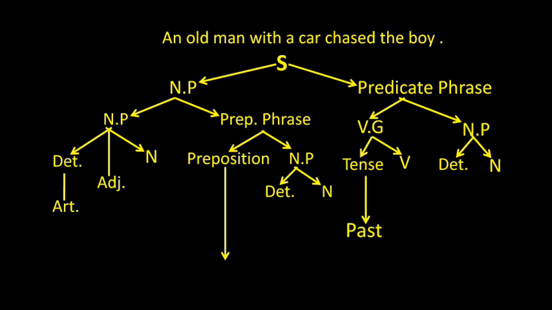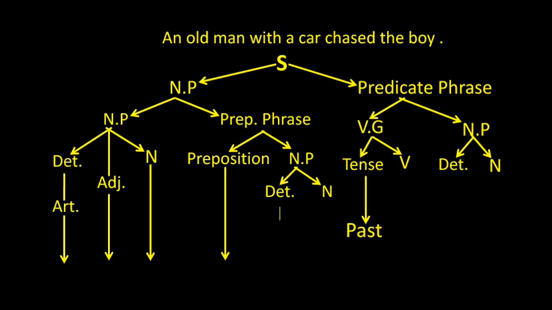Then tense, verb of the tense. It is past tense form or past form of the verb, so we can write just past. And the verb is says, which you have to mention later on. Now article, adjective, noun, preposition.